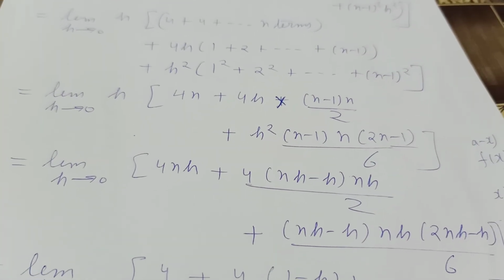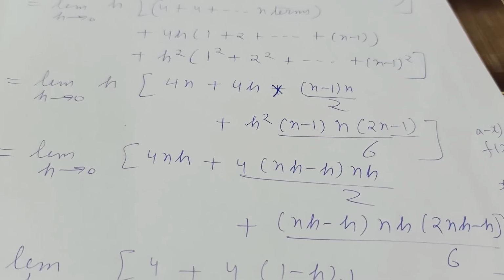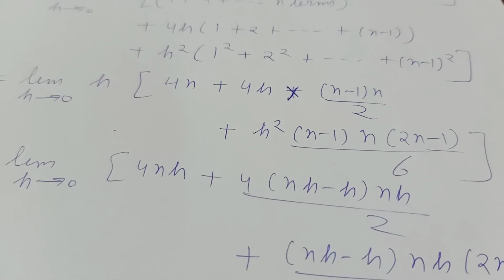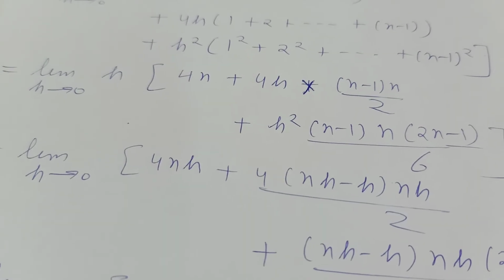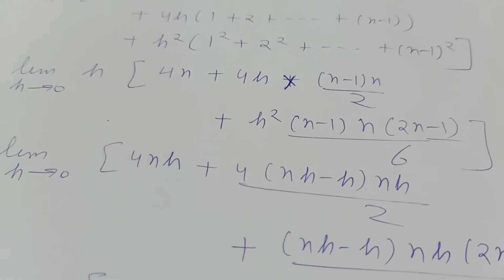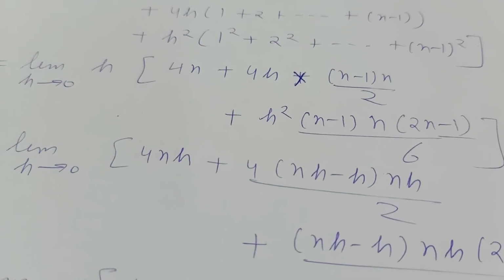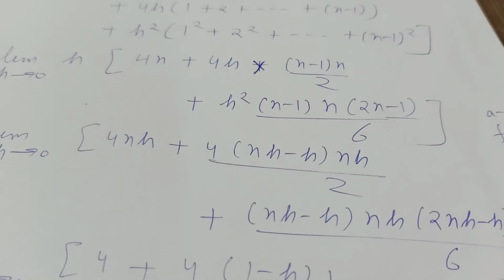Now what we will do, we will take this h which is outside and send h inside the bracket. So we will get 4nh. Then if we arrange it, we will get 4nh, minus h into nh upon 2, then (nh - h) into nh into (2nh - h).